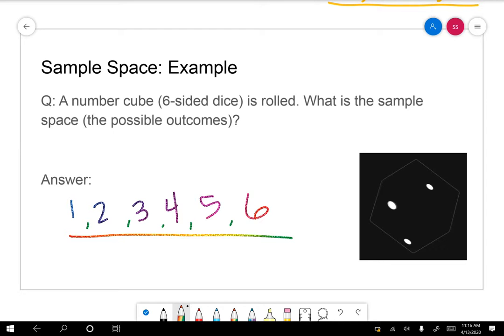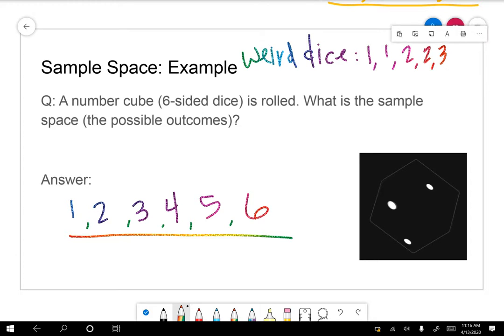Now, just to reiterate the last example, let's say that we have a weird number cube that has 6 sides still, but in this case the sides are numbered 1, 1, 2, 2, 3, and 3.